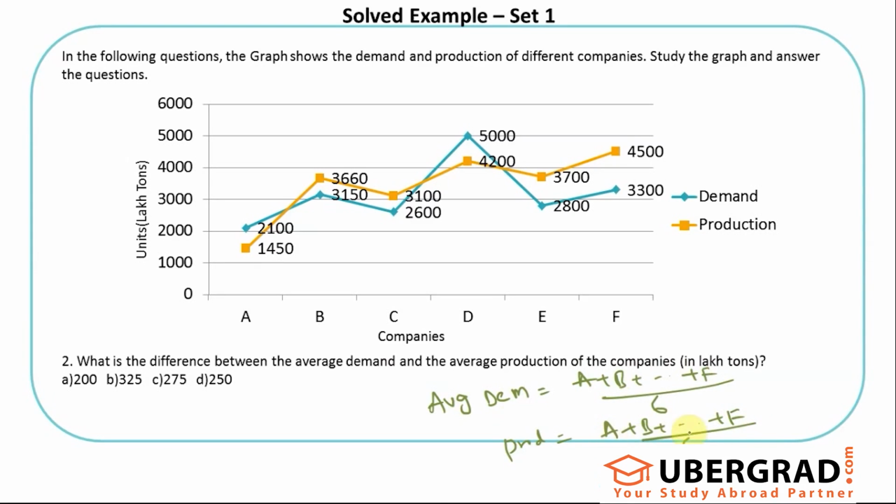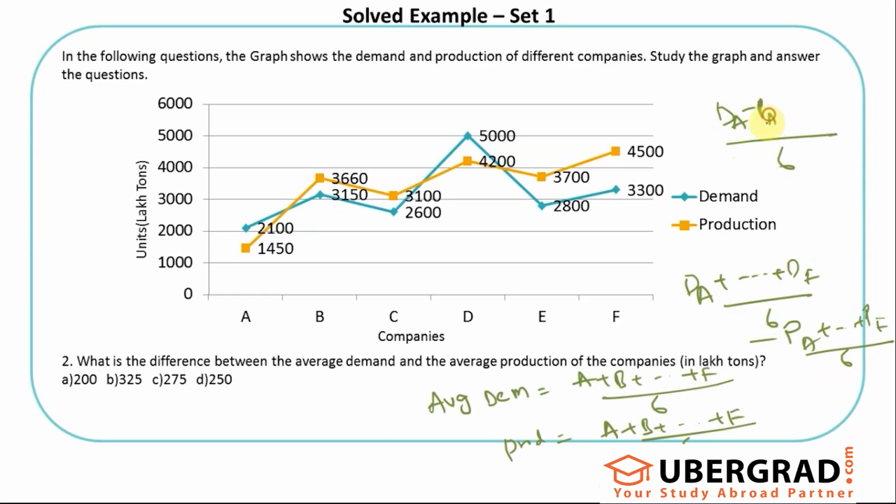What I need to understand is this: when I subtract average production from average demand, I am fundamentally doing this. The demand of company A plus so on up to demand of company F by 6, minus the production of company A up to production of company F by 6. So I can get to it in base 6. It will be demand of company A minus production of company A, plus demand of company B minus production of company B, and so on.